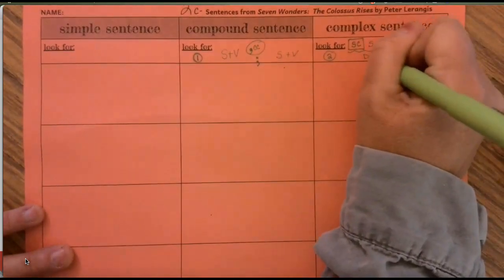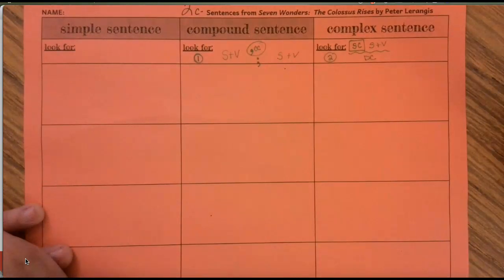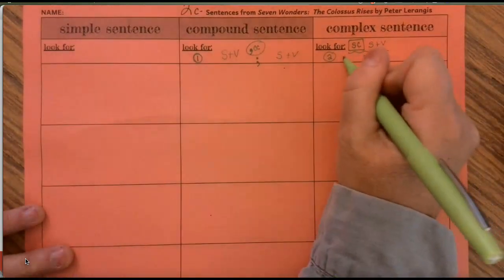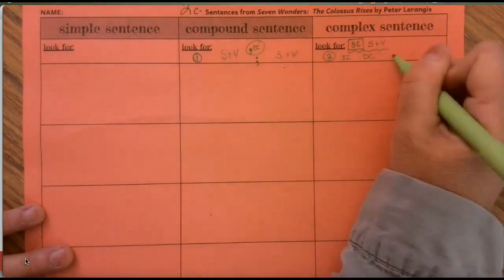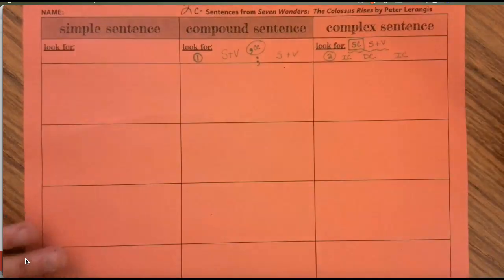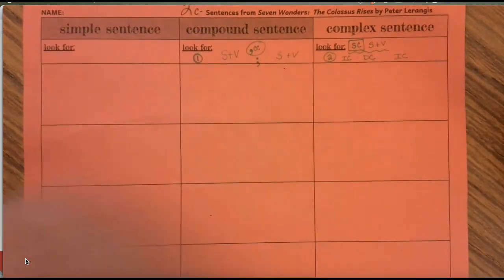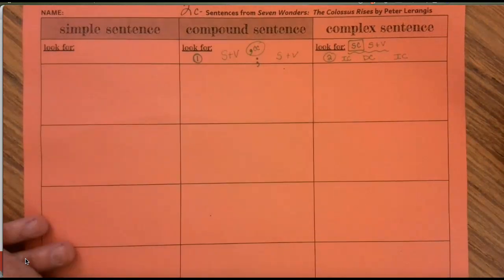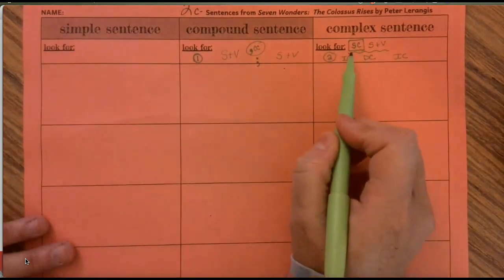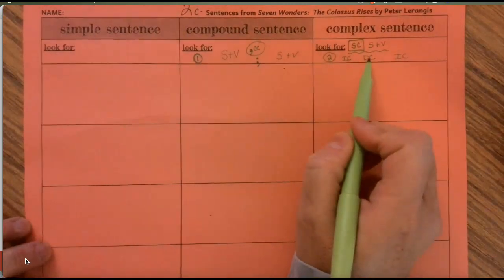That's your dependent clause. And then somewhere else, either in front of it or after it, you would need an independent clause. And we've talked about how sometimes they can be kind of in the middle. So you need at least one dependent clause or subordinating conjunction.